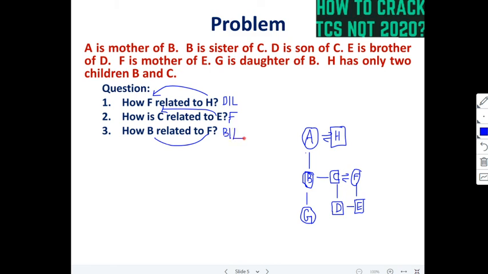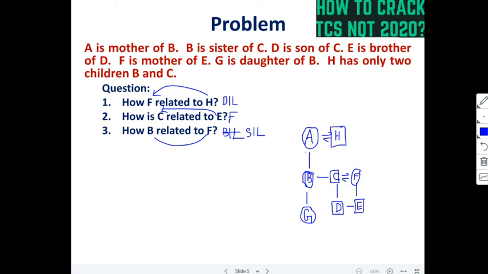Fine? I'm sorry, B is a female, right? Then sister-in-law. I'm sorry, sister-in-law. I thought it was a square. So female, right? B is sister of C. Okay, sister-in-law for F. So that is how we can easily find out the relationship by drawing this chart.